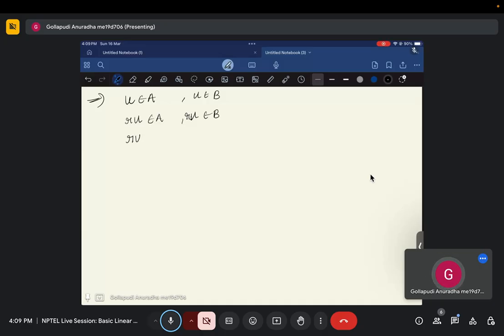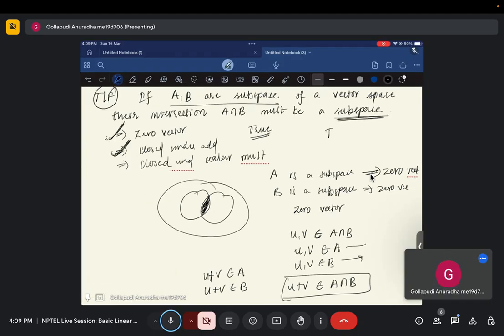So ru will belong to A intersection B, because it's there in both. So even multiplication is closed here. So this statement will be true, right?